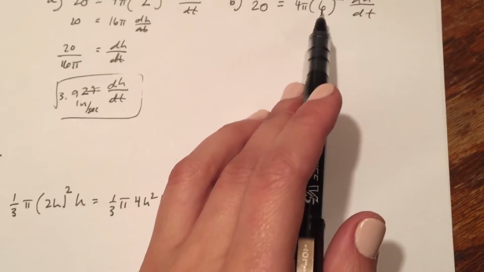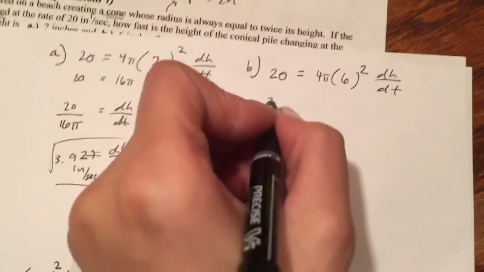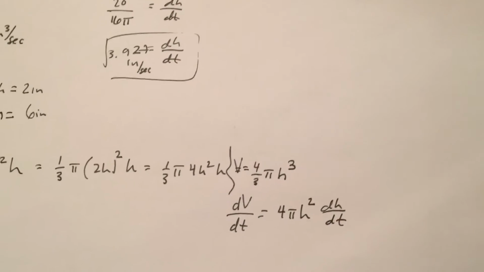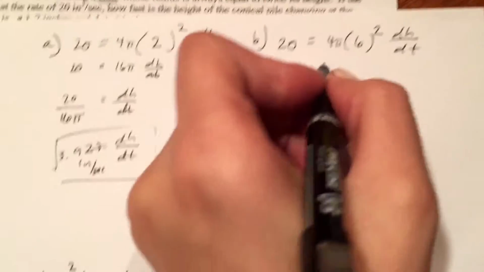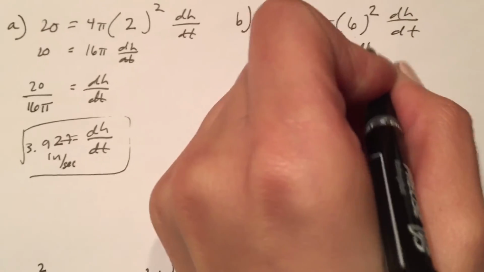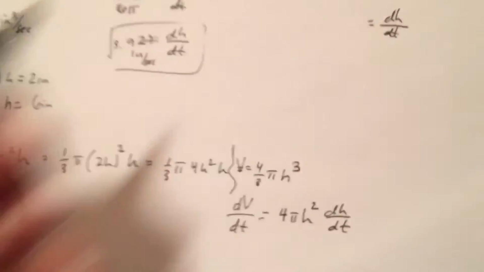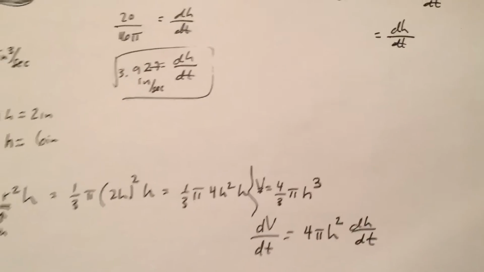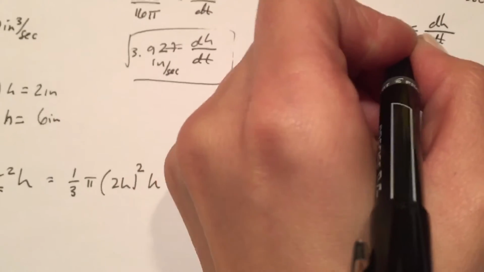Keep the pi, I don't care how you do it. Let's just do 20 equals 6 squared times 4, so we get 144 pi dh/dt. When we divide, we get 20 divided by 144 pi, and we should get 0.4363.